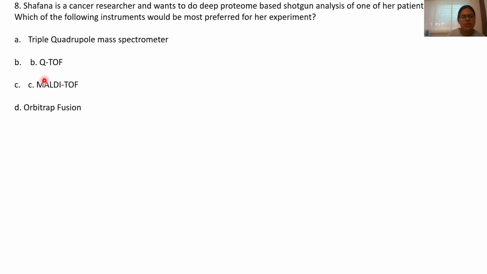Which of the following mass specs will be a better instrument for Shapana's deep proteome study? Is it Orbitrap? Yes, correct. It's Orbitrap.